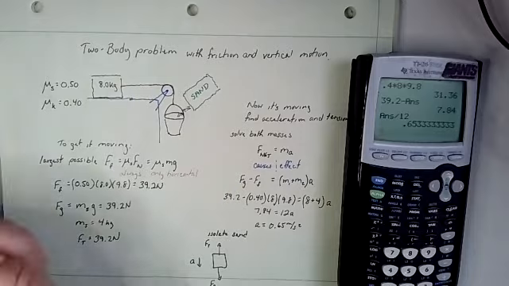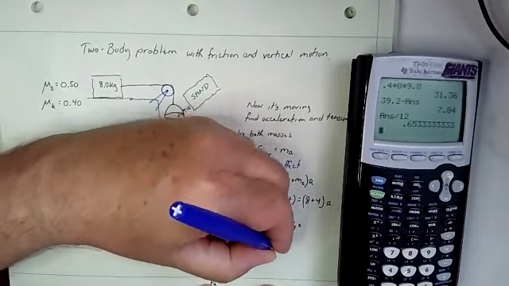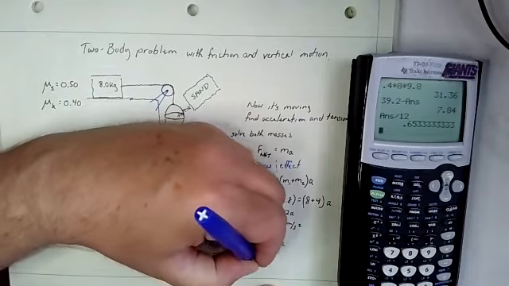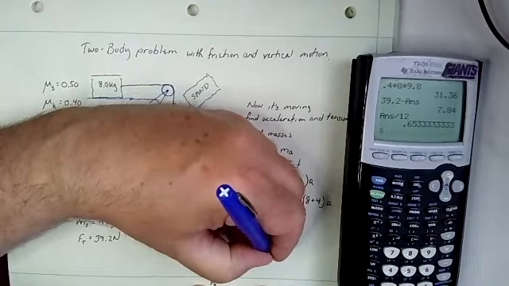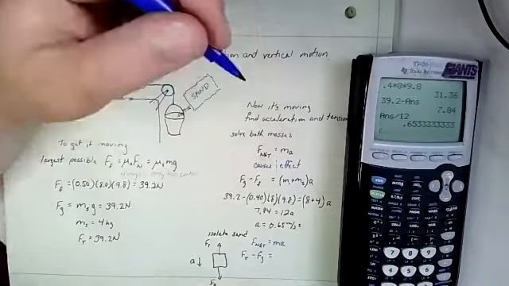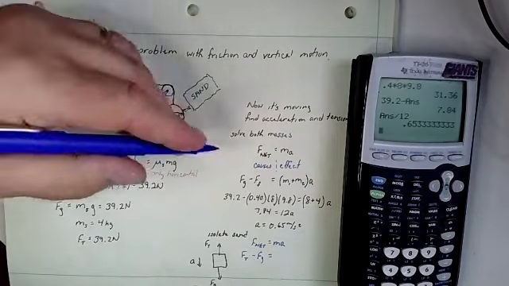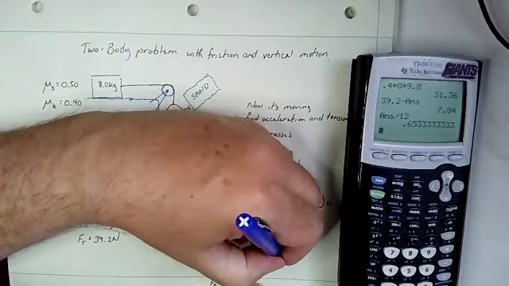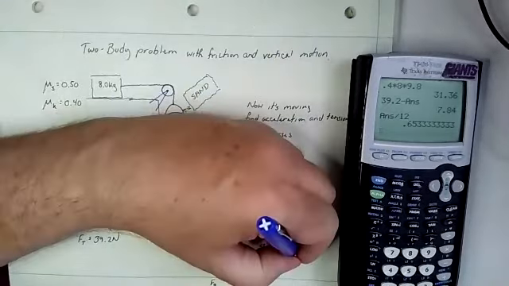I'll do this last part in a different color so it stands out a little bit. So F net equals MA. Okay, we have Ft pulling up and we have gravity pulling down. And then this acceleration is going to be downward. So this block accelerates to the right at 0.65, but this one is accelerating downward. So, and the mass is 4. So negative 4 times 0.65.